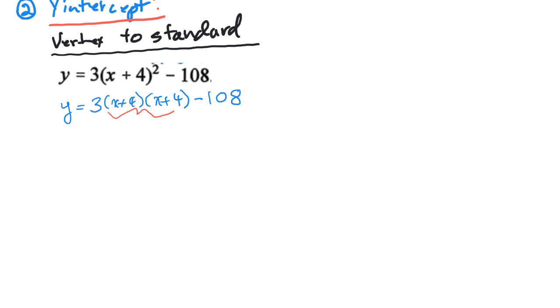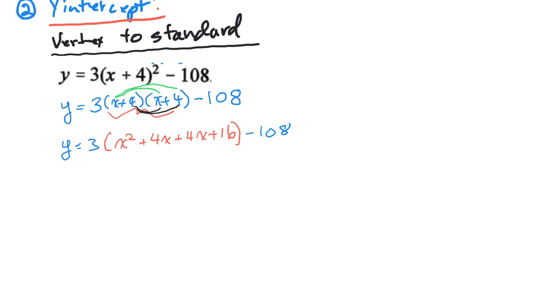So let's do that. We've got y is equal to 3 bracket x squared plus 4x plus 4x plus 16. And how did I get that? I basically just did this, and then I did this with those two. So that's what we've got. And then don't forget the minus 48.